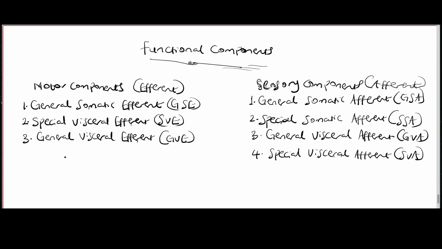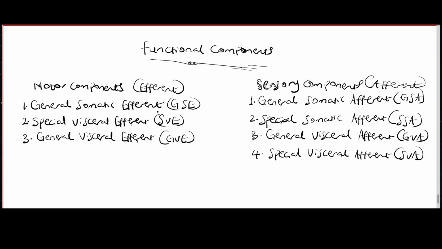So it's important to note that the spinal nerve has just four functional components: the general somatic efferent, the general visceral efferent, the general somatic afferent, and the general visceral afferent. So these general components can be found in the spinal nerves.